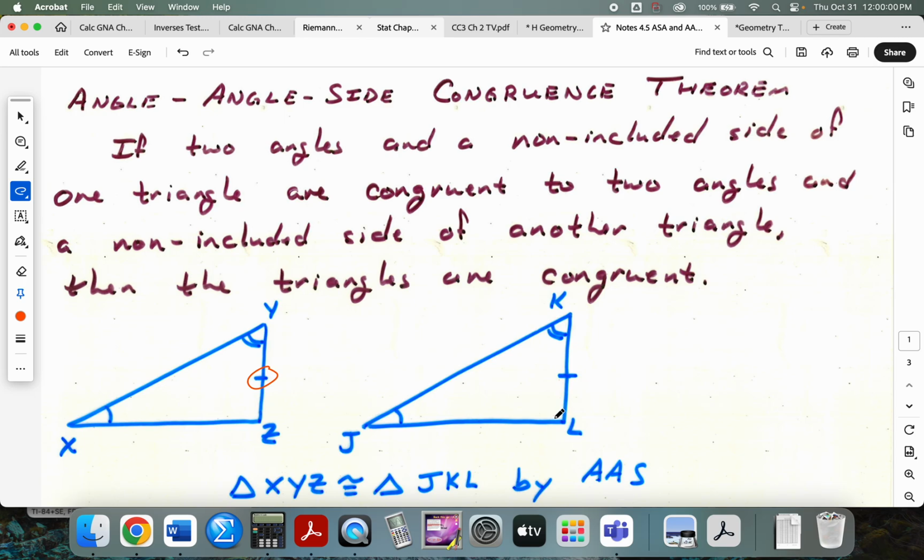So I know that Z is congruent to L, and then I could use angle side angle. It would make your proof one step longer. But again, mathematicians being really, really lazy, they're like, nope, we don't want to do one extra step. We'll create a whole other thing so we don't have to do one more step in our proofs. It's pretty lazy.